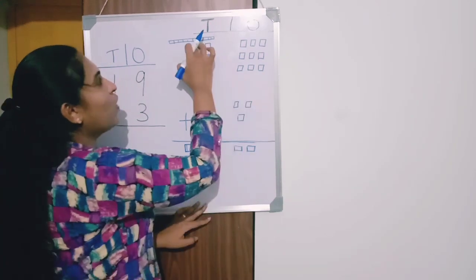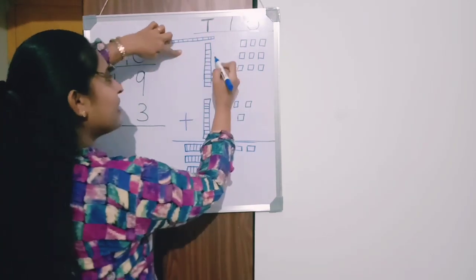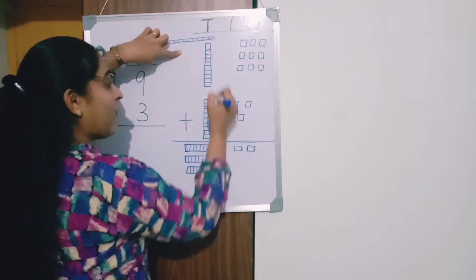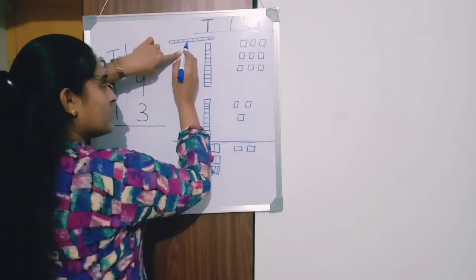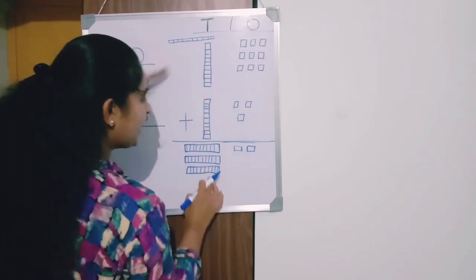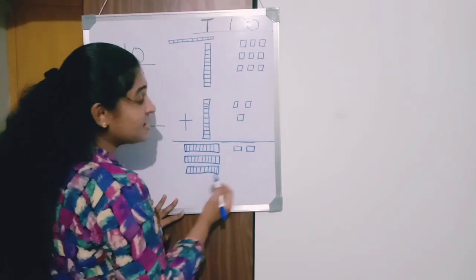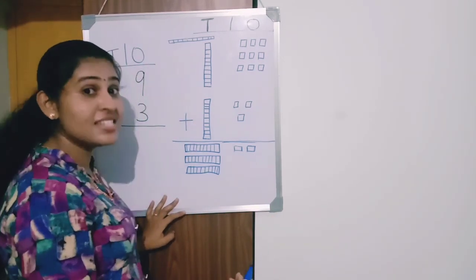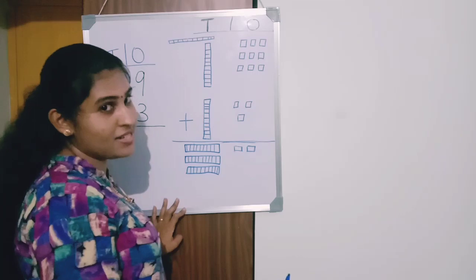And here 1 ten is there, here also 1 ten is there. That we have to add together. So 1 ten, 1 ten, 1 ten. Total 3 tens and 2 ones.